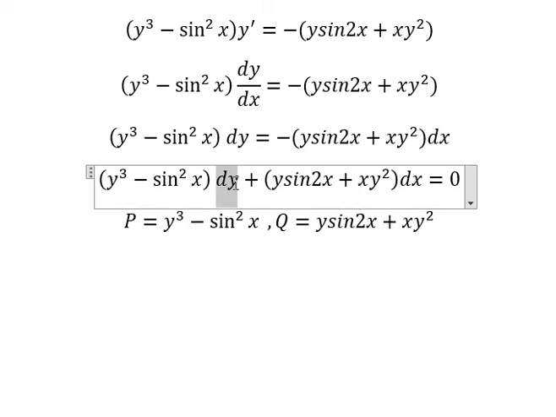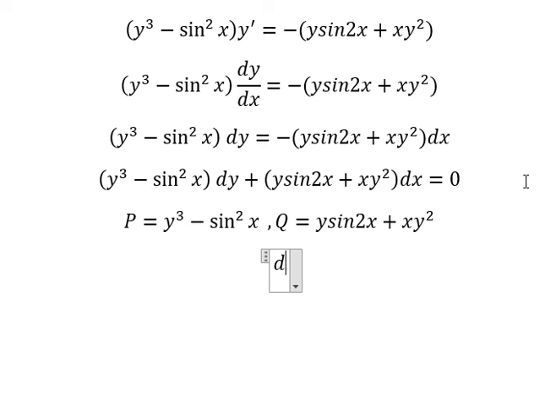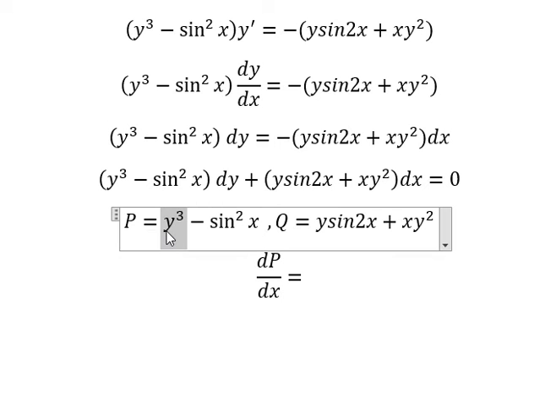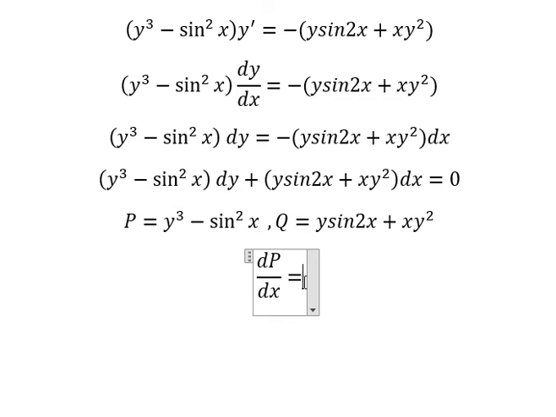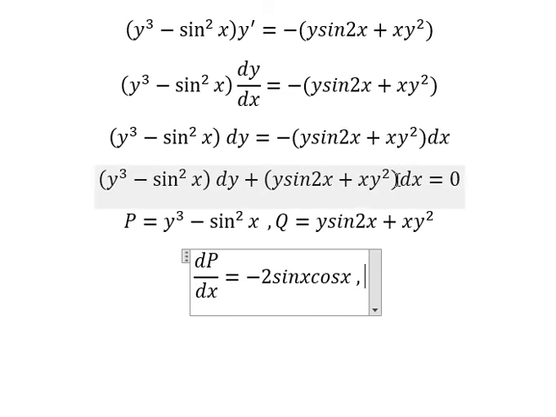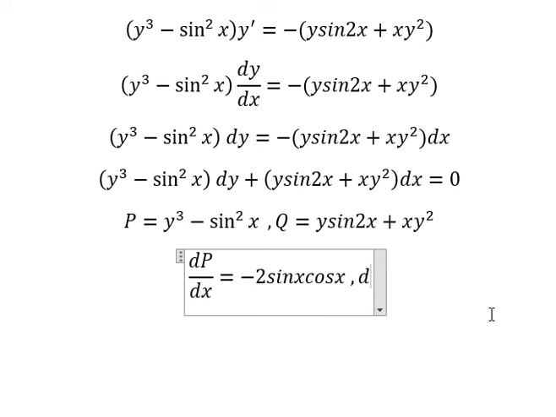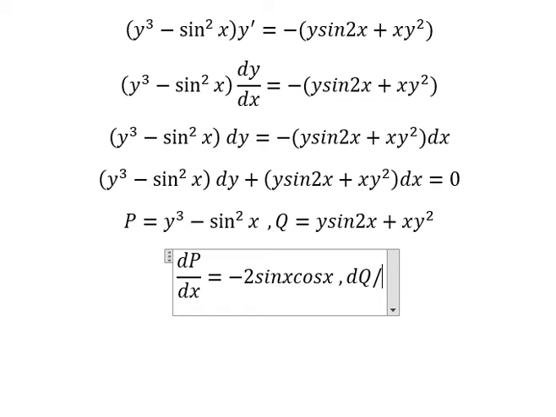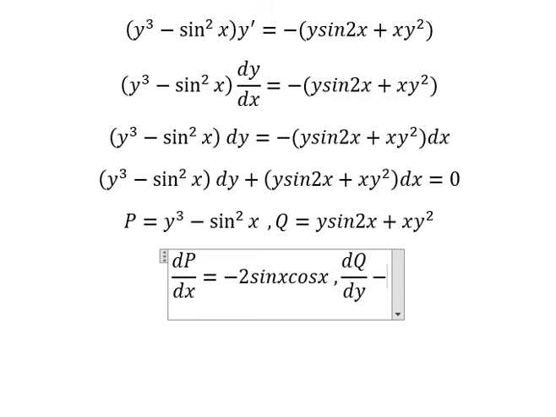So we have dy. That means we need to do first the derivative of b with respect to x. So this one we don't have x, so you got 0. First the derivative of sine squared x, we have 2 sine x cosine x. We have dx. That means we need to do first the derivative of q with respect to y.